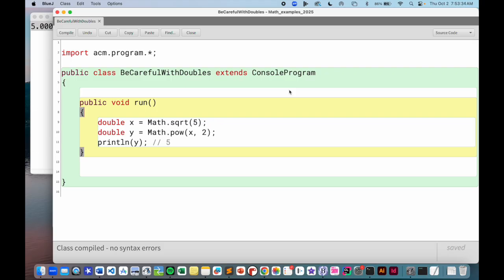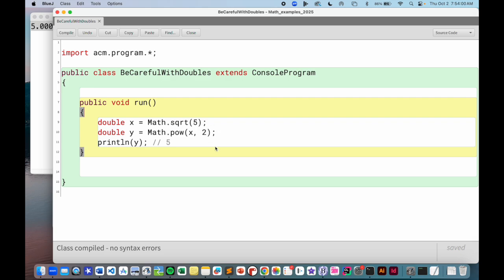I'm losing information in a double. It can't actually store everything. Think about a number like pi. Pi has infinite digits, but a double would stop at like 12 digits. So a double is inexact, which means that sometimes when I do mathematical operations like this, I'm going to be off by just a little bit.